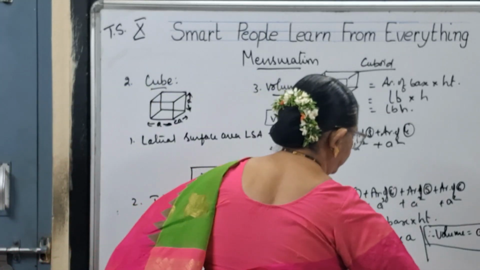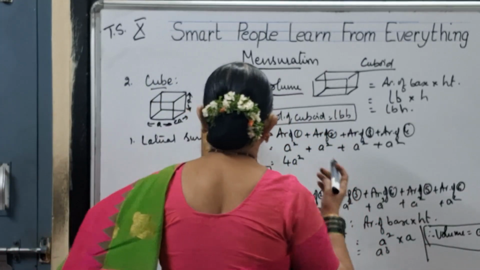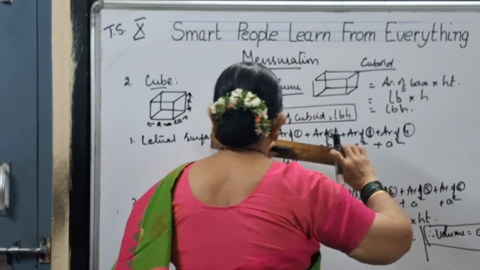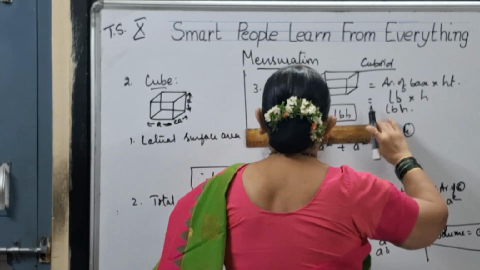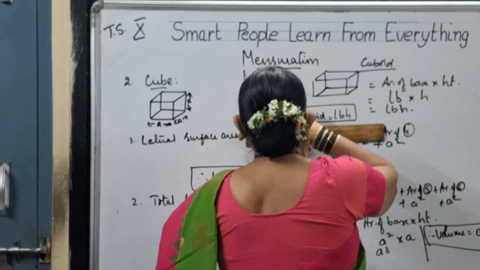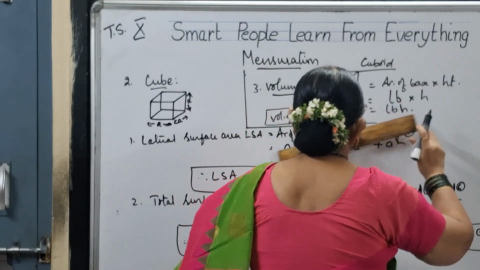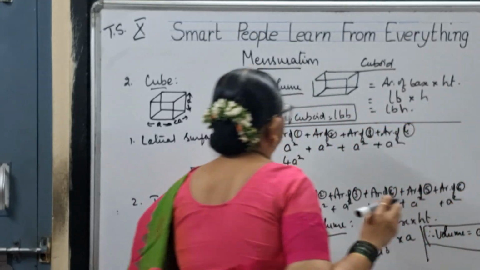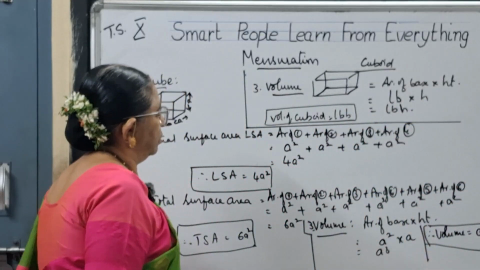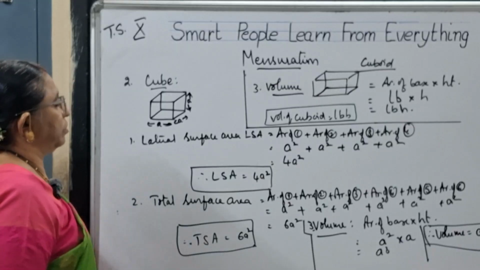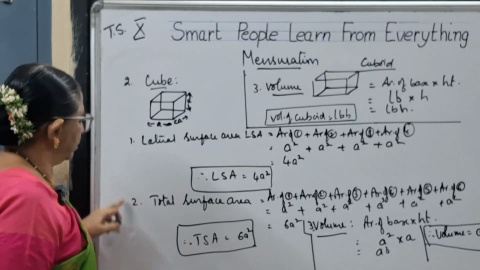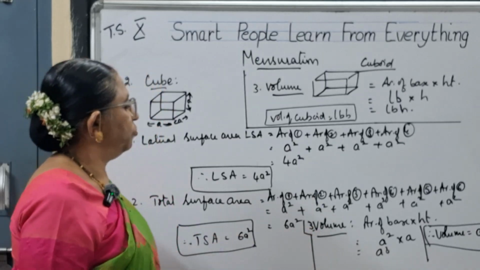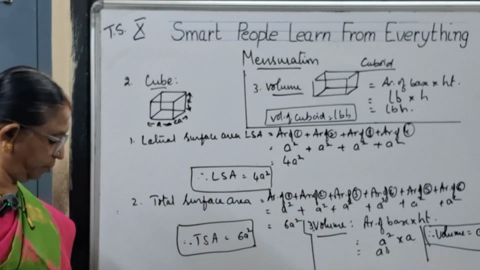This is totally different, children. I am marking it with a line so that while copying it will not be difficult for you. First you finish off the cuboid, then you go for lateral surface area, total surface area, and volume of a cube.